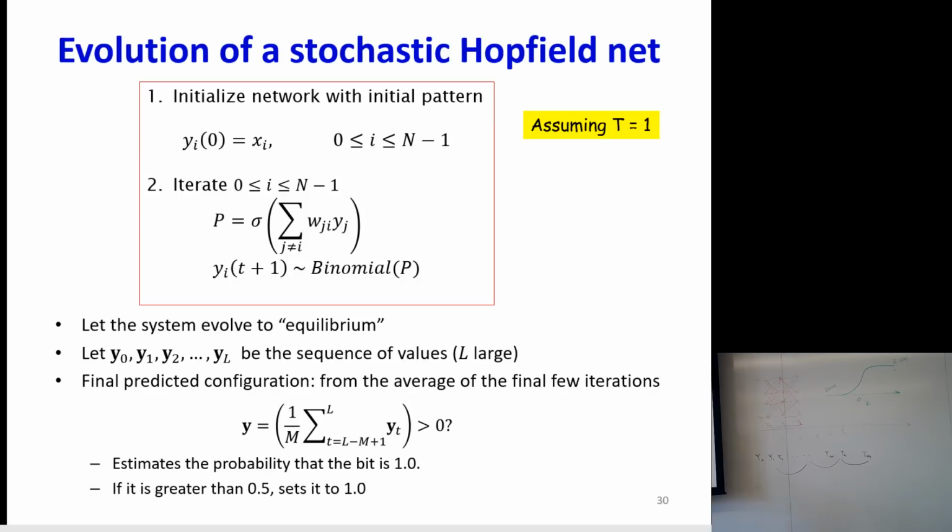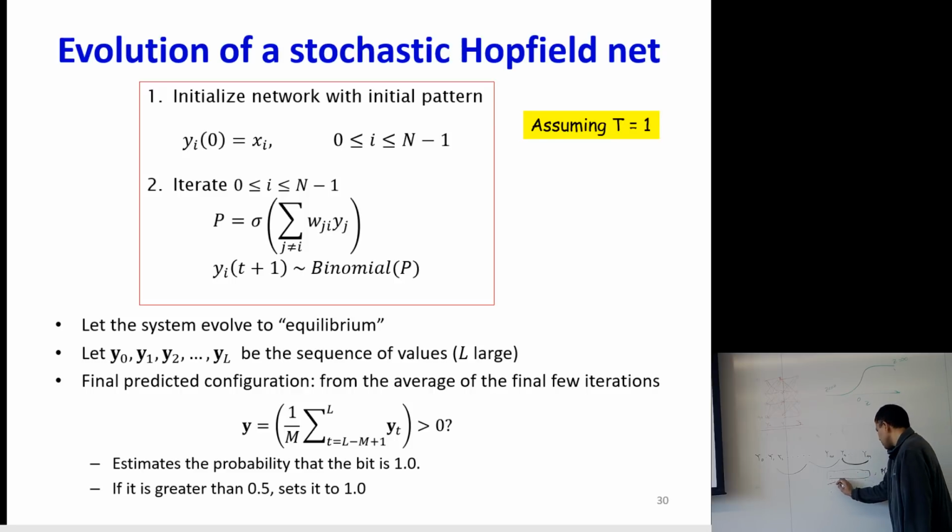And now I can actually compute the average value of these. Each of these y's is actually many bits, and each of these can take value 0 or 1. So what happens if I take the average of the bit values in the first position? This is going to give you the probability that y1 equals 1, right?